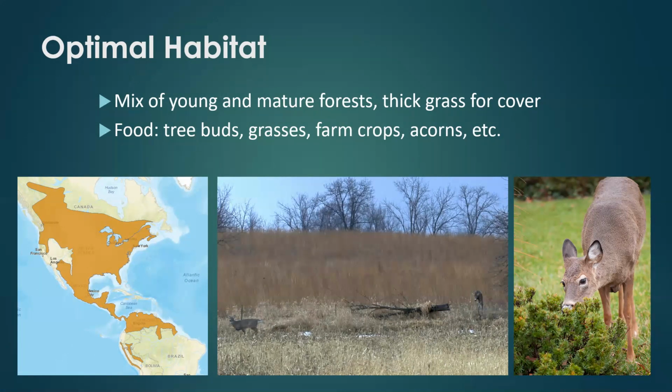But here in Illinois, they are, I would say, equally as diverse, just right here in Illinois. So deer utilize a lot of different food types, and for a place to be really good habitat for deer, you want a mix of forest, preferably 20 to 50% forest or even more. And then you also want grass for cover and forbs.